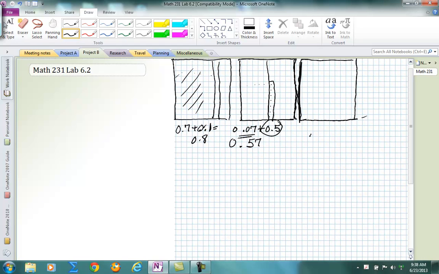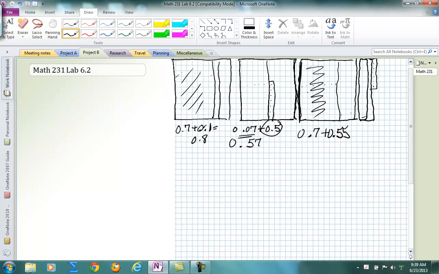Now it works also when you have more than a whole. Let's say that you have 7/10 and you have 55/100. So I'm going to mark off 7/10 and then mark off 1, 2, 3, 4, 5, and 5/100.